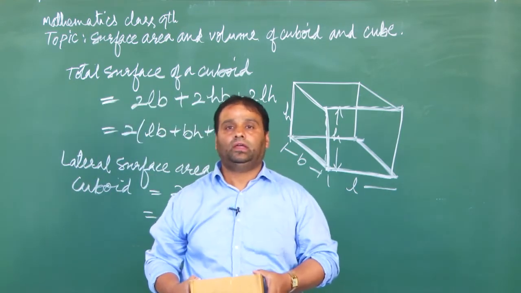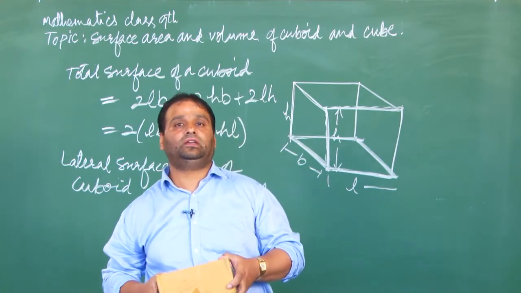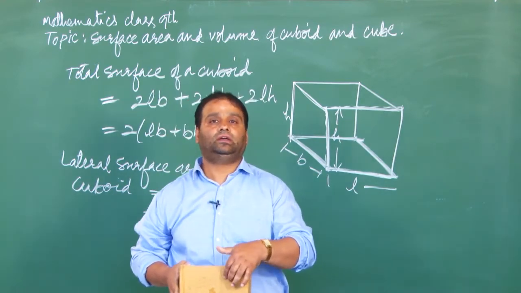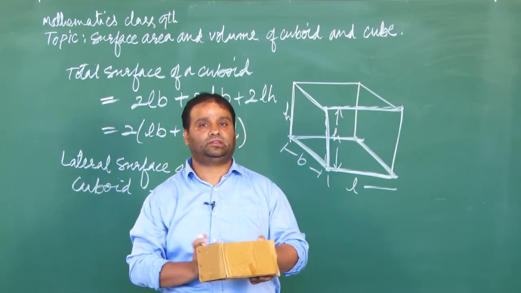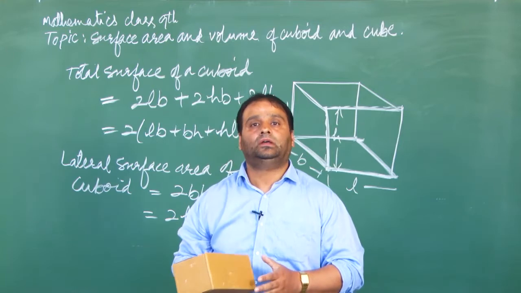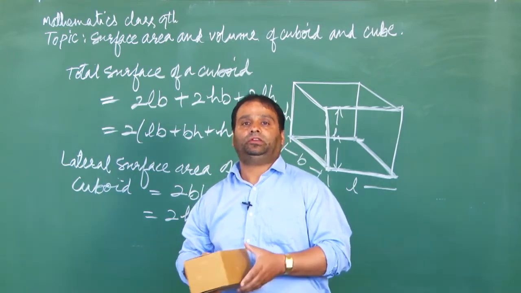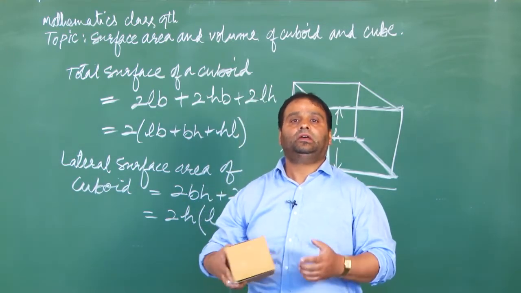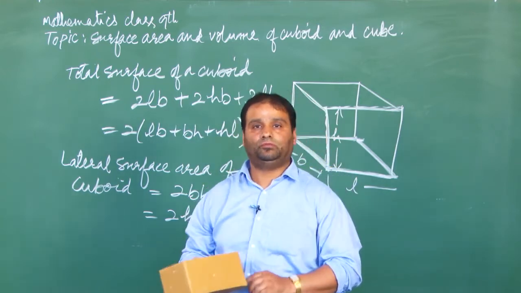Note that in cuboid, the lateral surface area is only having its 4 side rectangles. The sum of the 4 side rectangles is the lateral surface area of the cuboid, or even you can say it, the area of 4 walls of the cuboid.